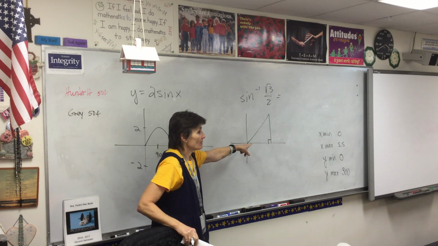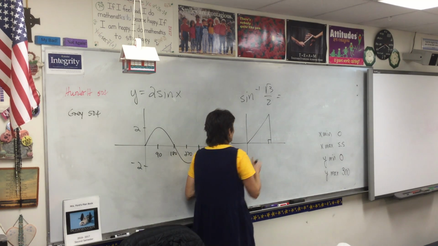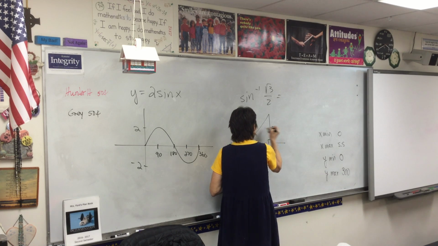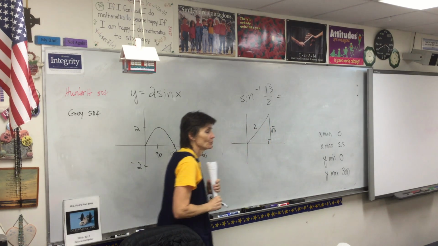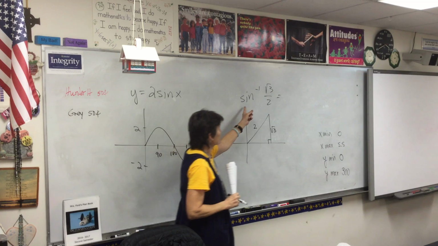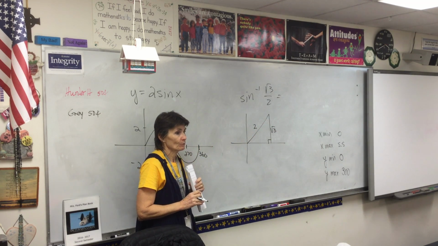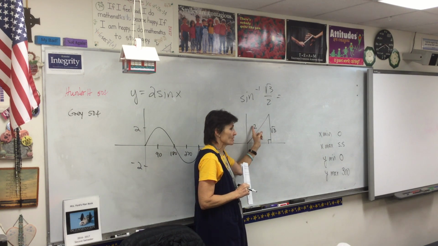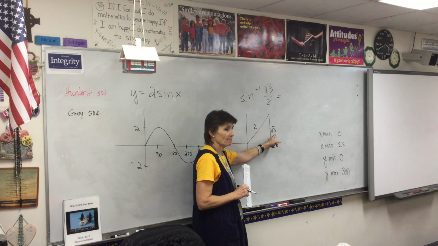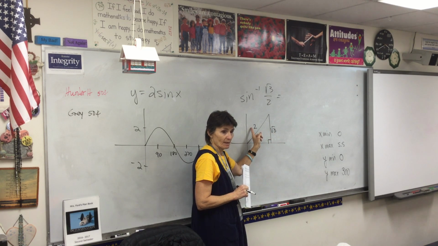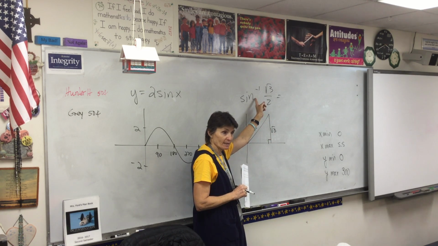Somewhere out there, there's an angle whose sine is √3/2. This is the sine value. It's √3/2. Why did I put the √3 and the 2 there? Because this is opposite and this is hypotenuse, and that's what sine is.